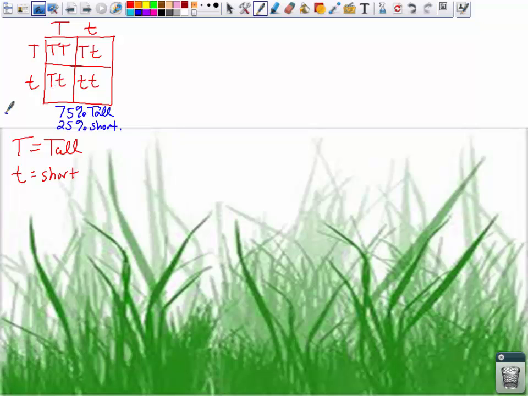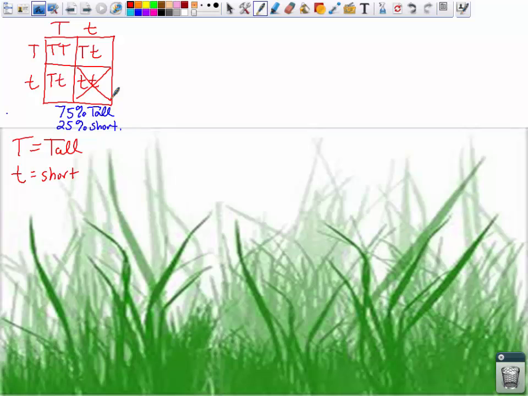Now that's good because tall is better competitively. It gets more sunlight, so tall is the adaptation that benefits the plant the most. The short is going to die out because it doesn't get enough light.